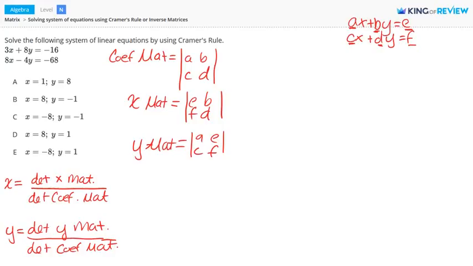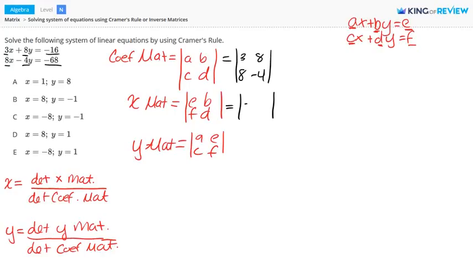So let's fill them out using our specific values. So the coefficient matrix, what are the coefficients? We have 3, 8, 8, and negative 4. What about the x matrix? Well, we start with E and F, and those are the constants.